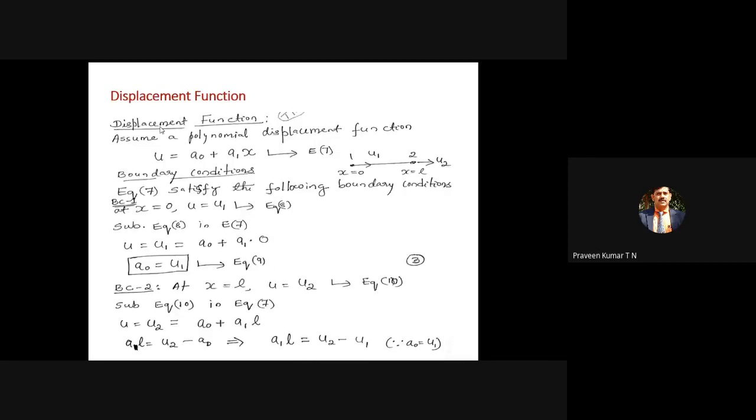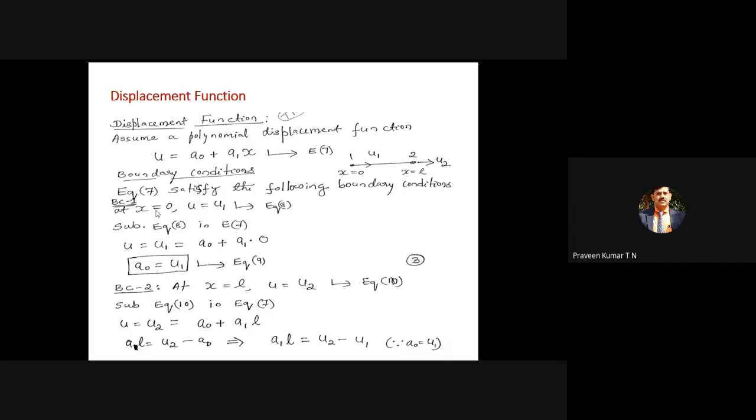Now you have to apply the displacement function. You are assuming a linear displacement function, U is equal to A0 plus A1 x. There are two unknowns: A0 is one unknown and A1 is one more unknown. You have already used this for beams also, and most of the time you use the same equation. Now there are two boundary conditions.